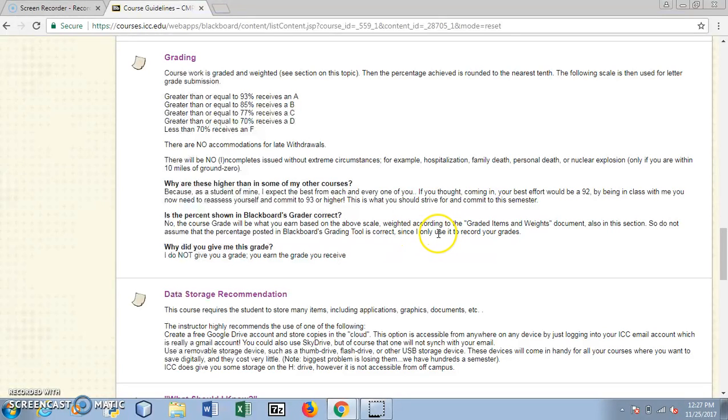All you need to know from the Blackboard grader is how many points the assignment was worth, and how many points did I get? Because then you can tell how you're doing in the course. If you're getting 9 or 10 out of 10, you're doing really well. If you're only getting 2s or 3s or 5, you need to get a hold of me and find out why. Also, the other thing you can tell, did Doug grade my paper?